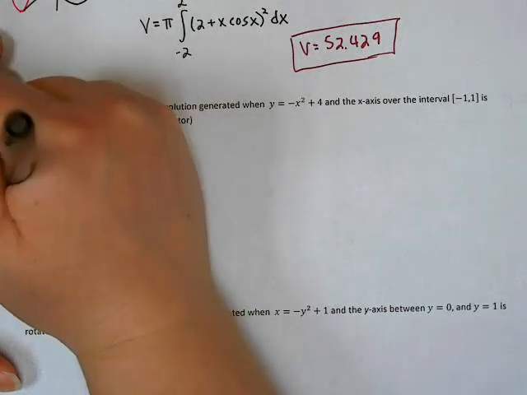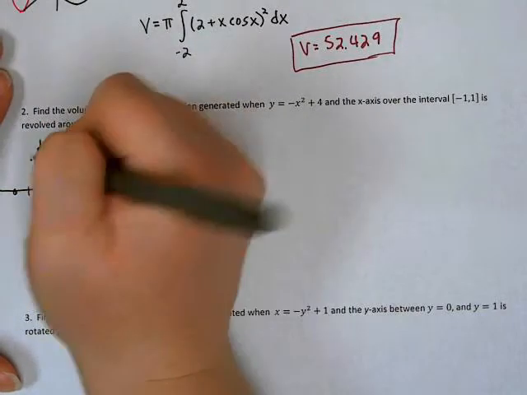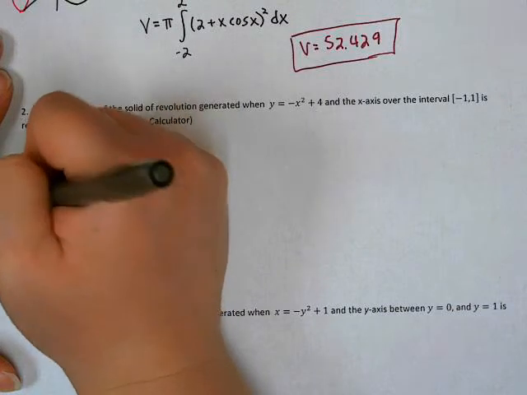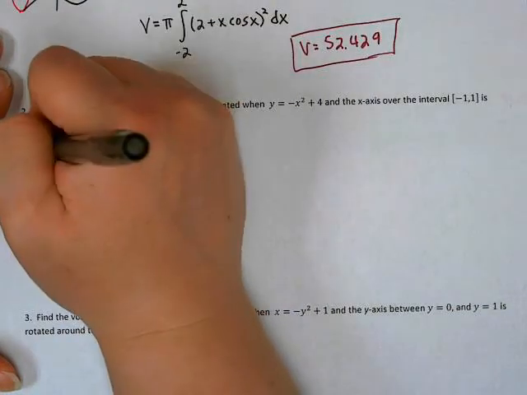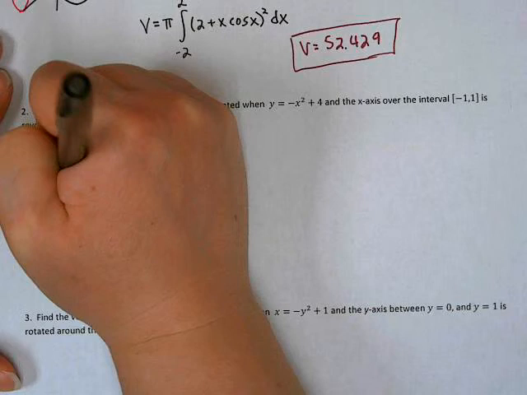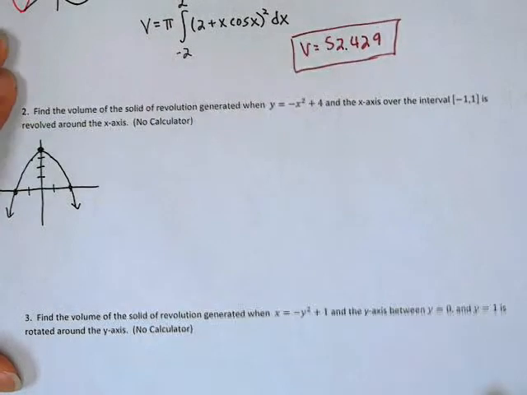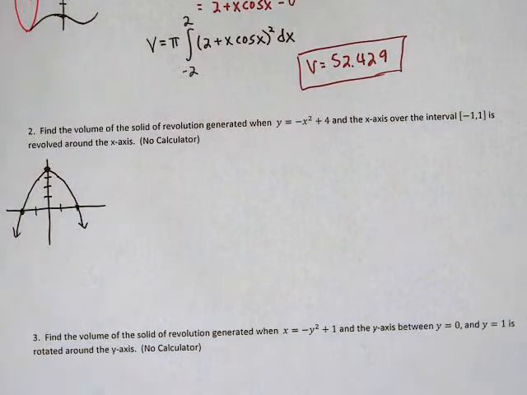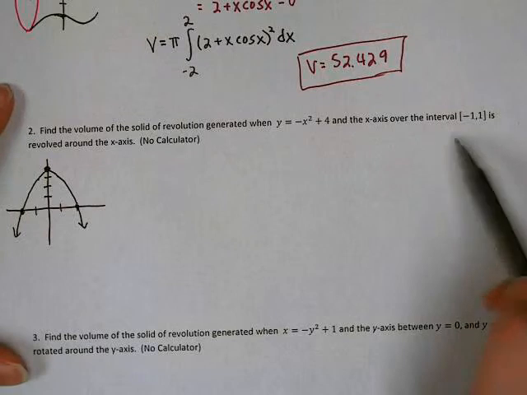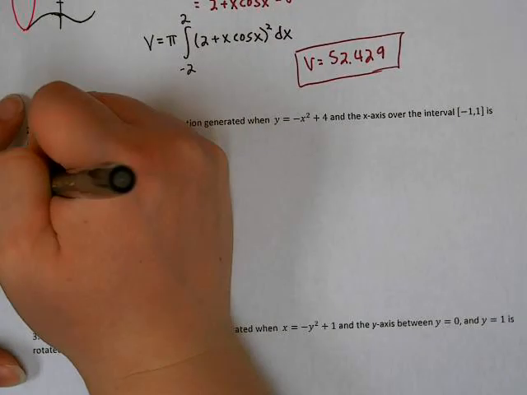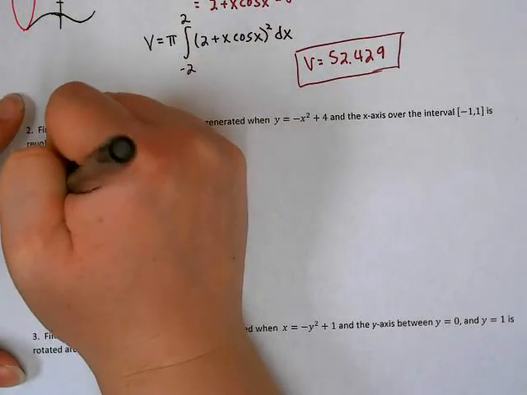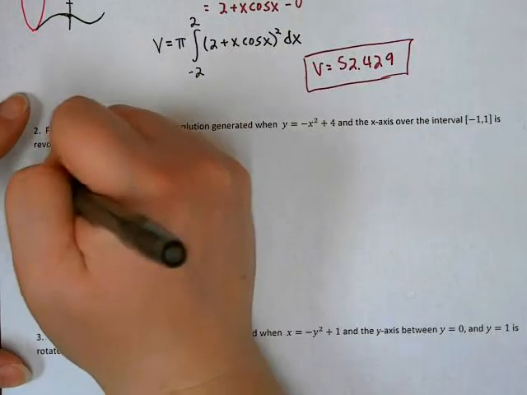So I'm going to hit the x-axis here and here. And so I have this parabola coming through like this. Okay. Let's see, we're only going from -1 to 1, which means I'm really looking at this area in between here.